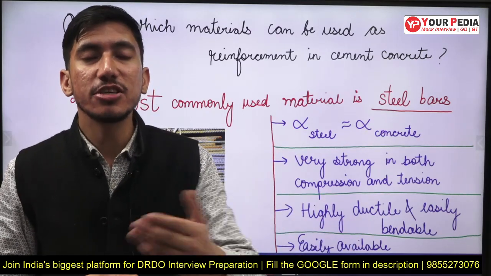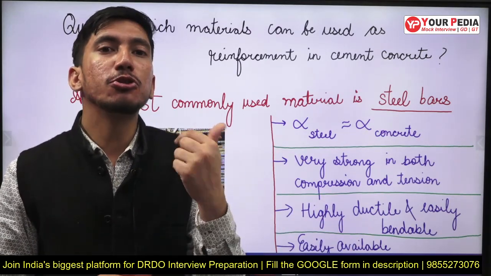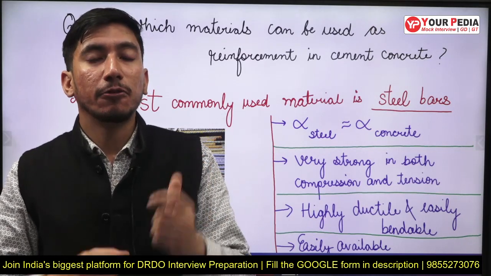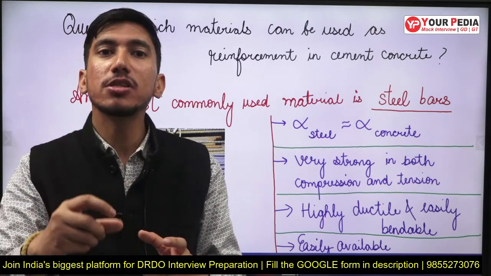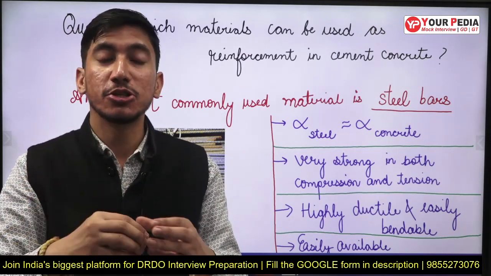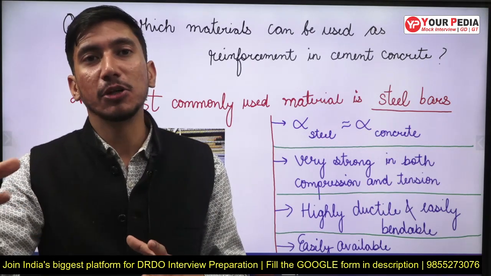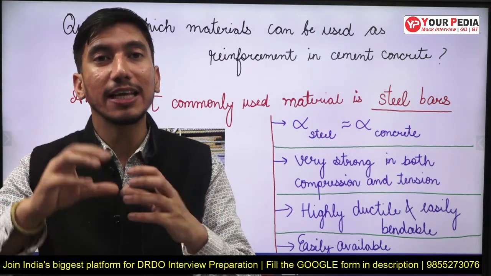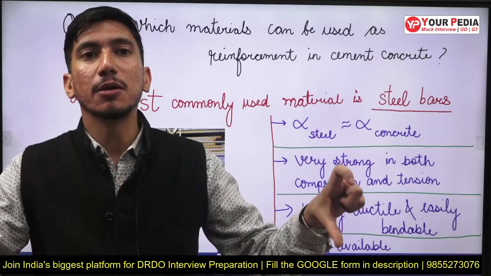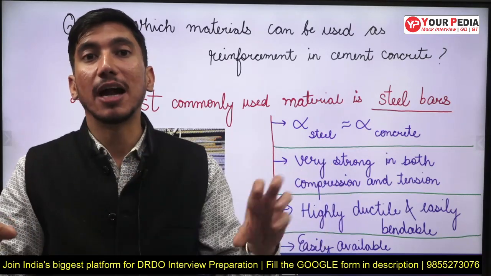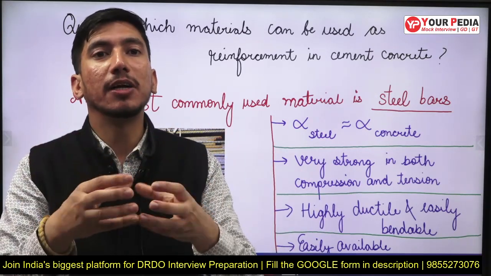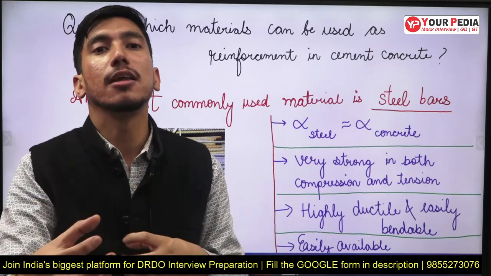This we can't change. So we have to choose a material for reinforcement whose thermal coefficient of expansion is close to the thermal coefficient of expansion of concrete, so that even when the temperature increases and they expand, the strain compatibility and their bond are still maintained.